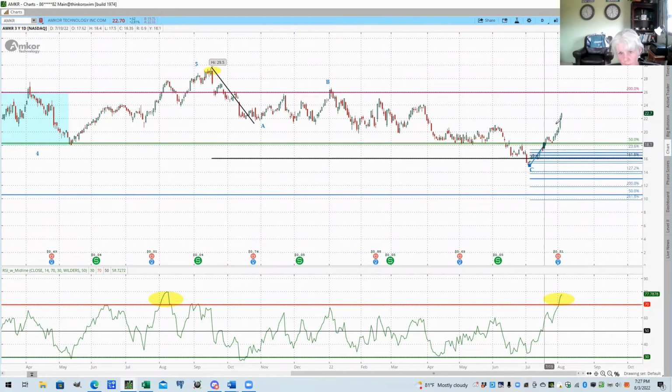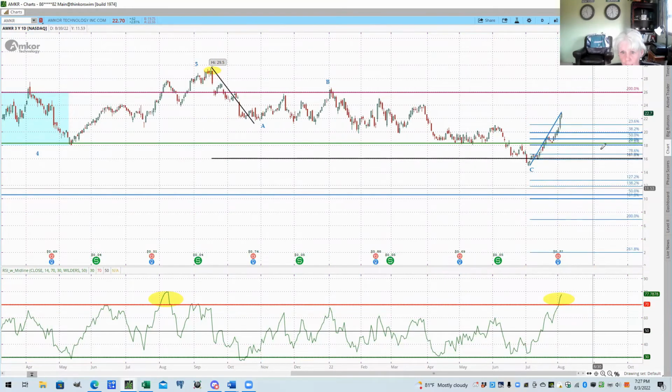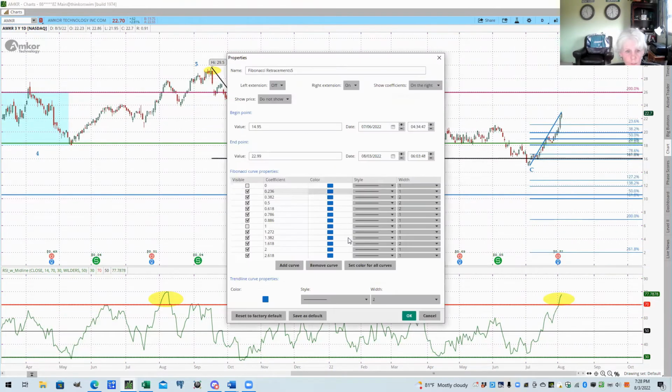I'm going to assume we're nearing the top of this smaller wave 1 and will likely retrace somewhere within here. Usually wave 2 retraces about 50% of wave 1. It could be shallower at 38.2%. So I'm just leaving all of these open as possibilities.